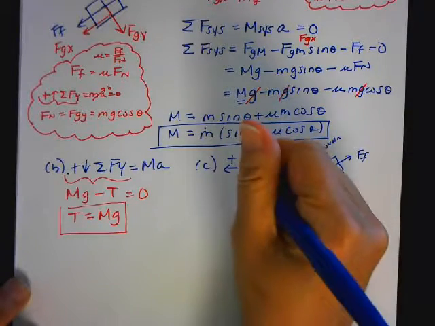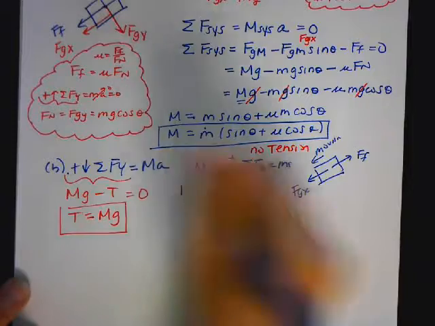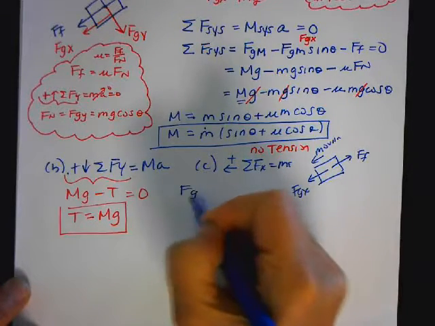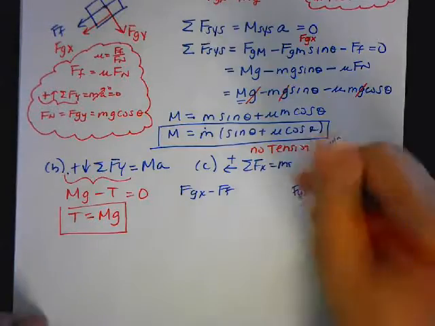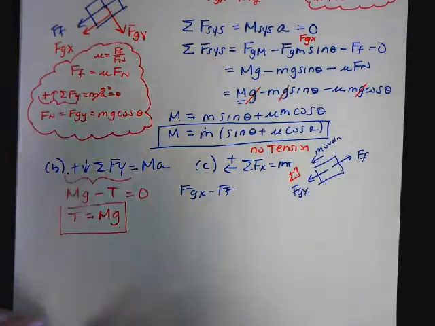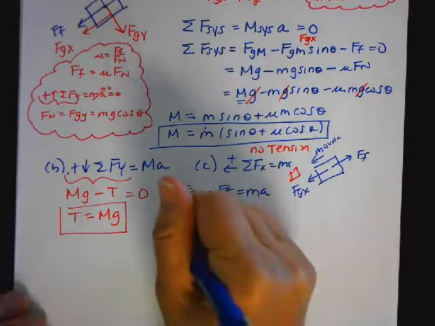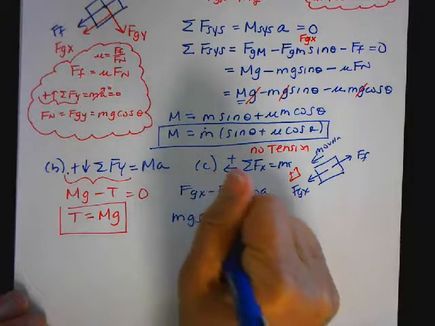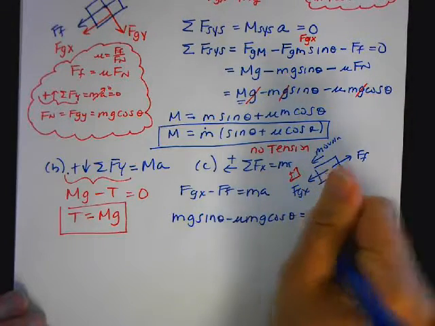So I'm going to say summation of f of x is equal to MA. And I'm going to now look at this and say FGX minus f of f. This is positive, this is negative, because now my sign convention is going this way, is equal to MA. Now I'm going to substitute in my values: mg sine of theta minus mu mg cosine of theta is equal to MA.